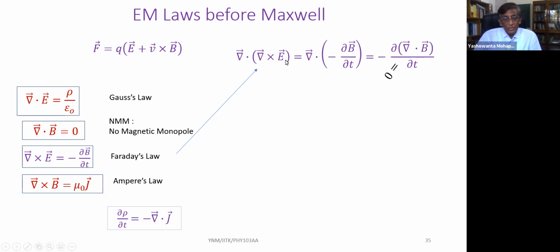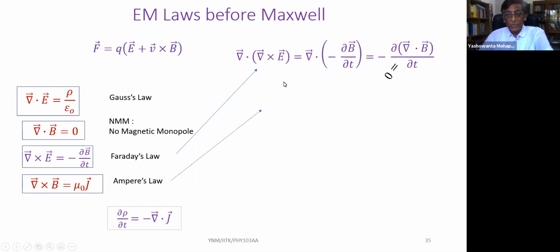Now, notice that on the left hand side, I have a mathematical 0. And hence, if these equations are consistent, then it should indeed happen, and it does happen. For Faraday's law, the divergence of the curl is 0.